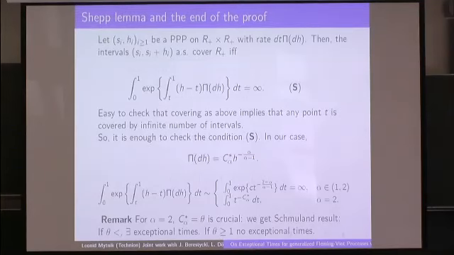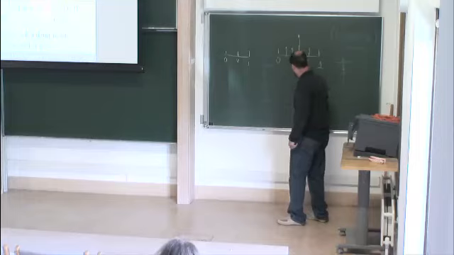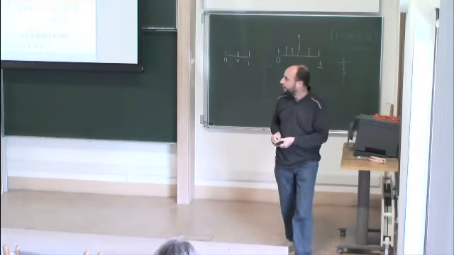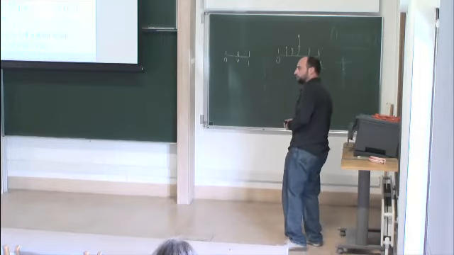here it's just the last slide about it. In fact, there is Shepp's lemma, which says the following. If you have a Poisson point process on R plus times R plus, which does exactly what it does here, it's exactly what it does here.